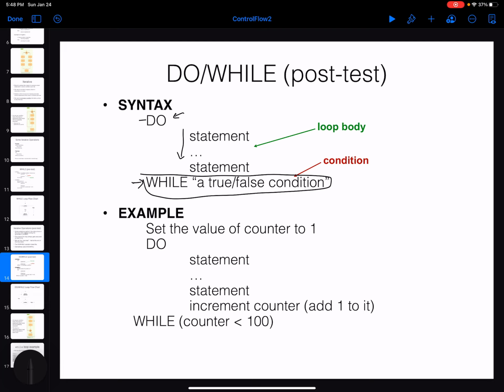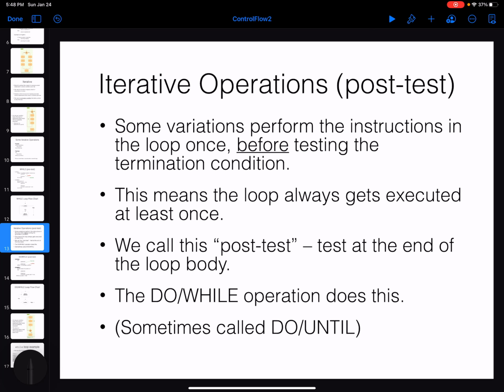But the main difference is that in the post-test, you will execute the loop at least once, even if the condition is false. And the do while loop, in some textbooks, you might see it as a do until as well. It doesn't really matter. It's just the syntax that you use for your pseudocode.